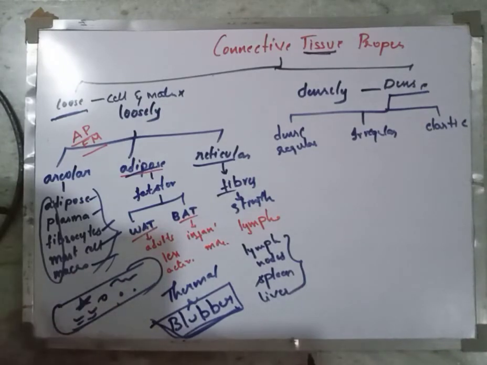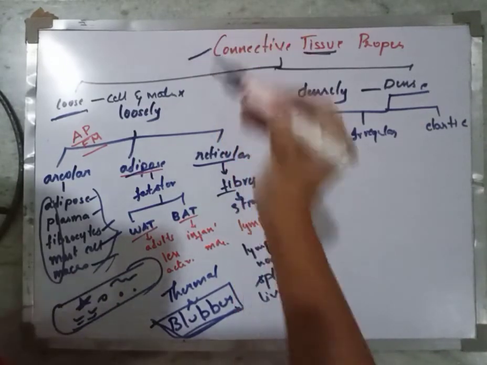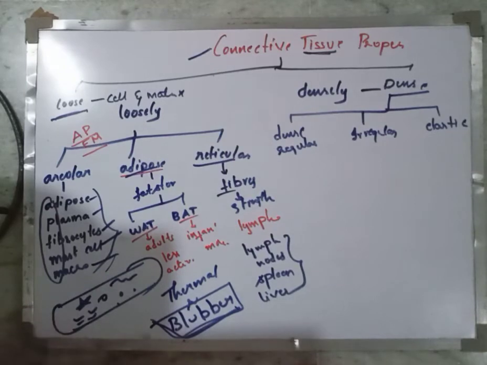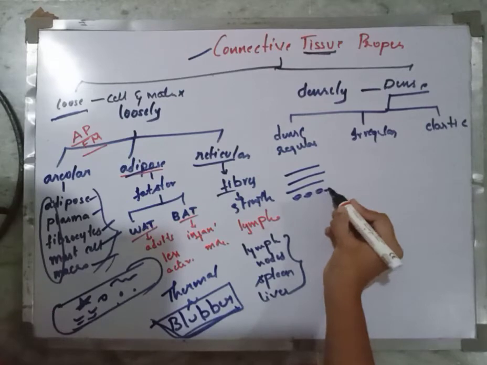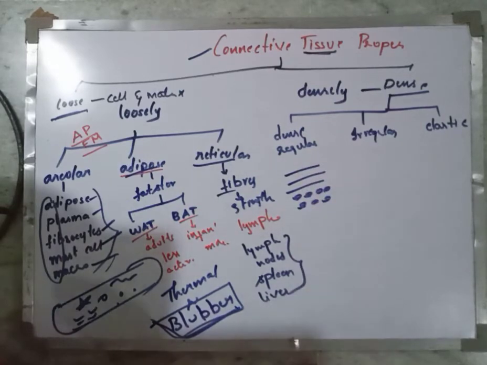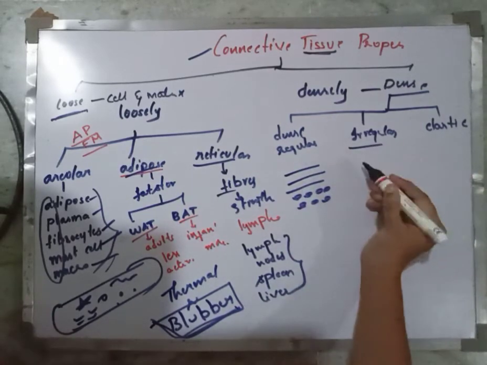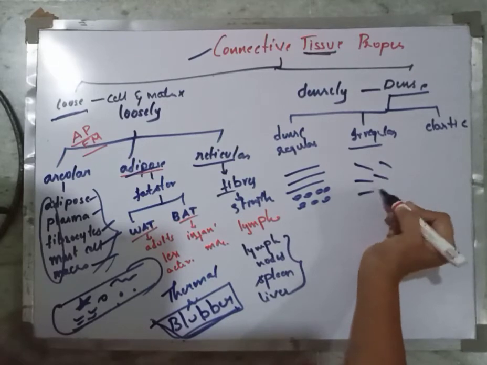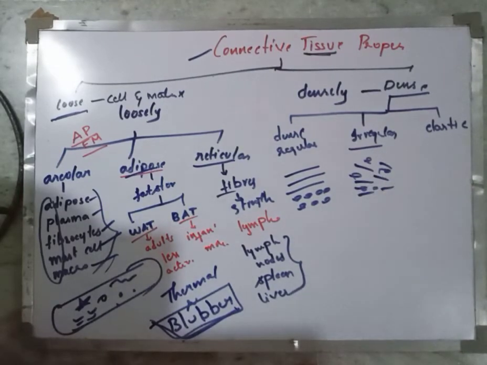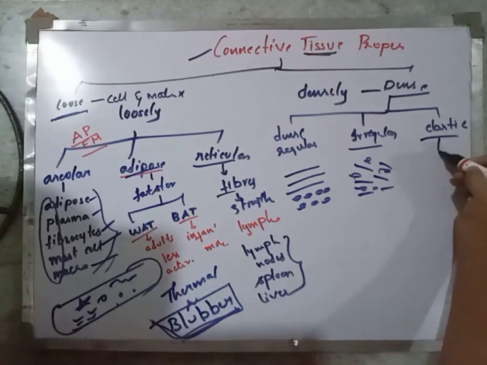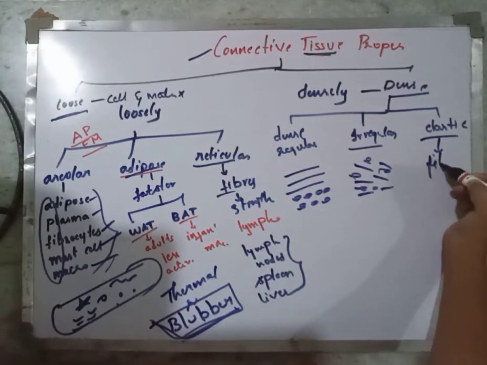Dense regular tissue means, as I said before, the connective tissue contains fibers and cells. If the fibers and the cells are arranged parallel in the tissue, it is called dense regular tissue. And if they are irregularly arranged, not in one direction, it is called dense irregular tissue. And the elastic tissue contains elastic fibers.